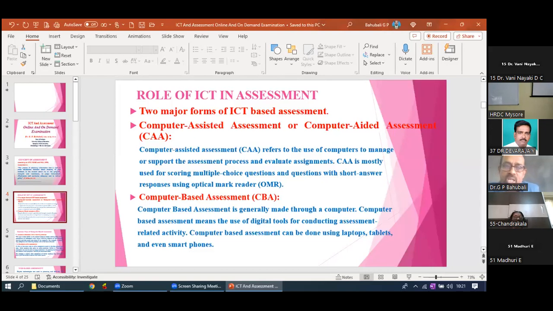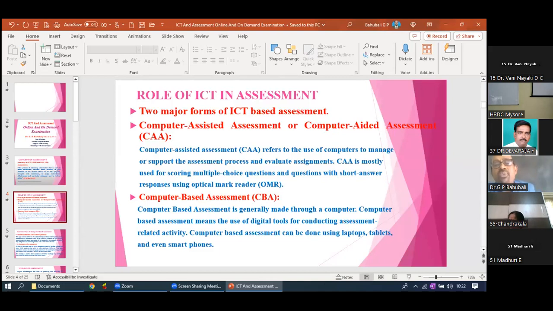Most of you know that the traditional system still exists and we still adopt the good old method, because we have never completely removed it, but along with that we have some use of ICT.